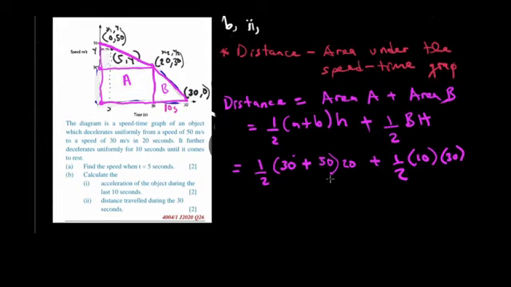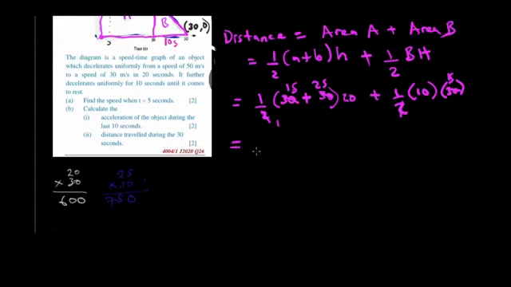Now calculating this, we are going to say 2 into 2, 1, 2 into 30, that's 15, 2 into 50, that's 25. Then the half of 30, that's 15. So this is equal to, what is 15 plus 25? 15 plus 25, then it's 40 actually.